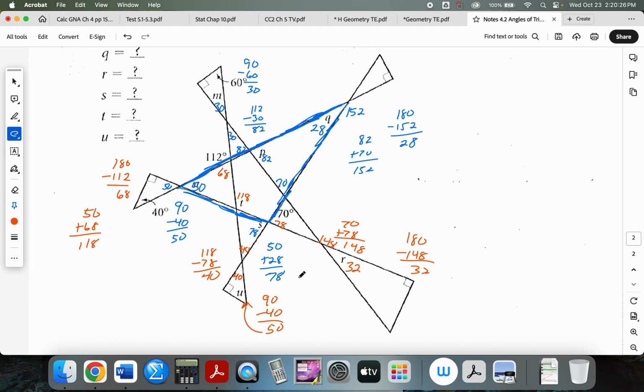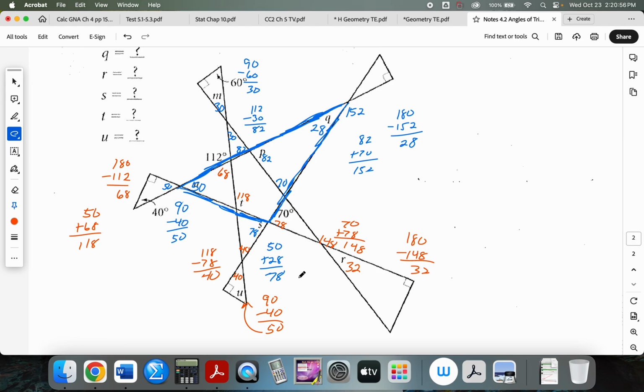These tend to be a little bit messy, and just so you know, in all honesty, a question like that one, I would not put it on the test. I might put a diagram like that and ask you a couple of things, but I won't ask you 6 or 7, and here's the reason. If you mess up one at the very beginning, and then base your other answers off of that, everything after that's going to be wrong.